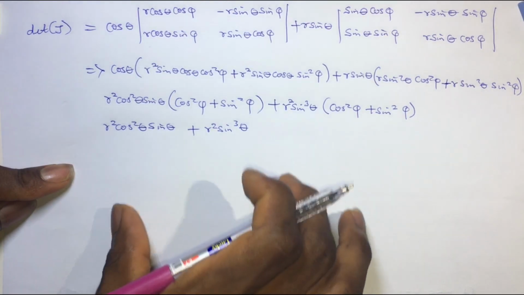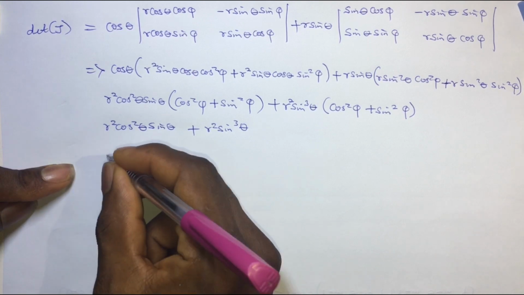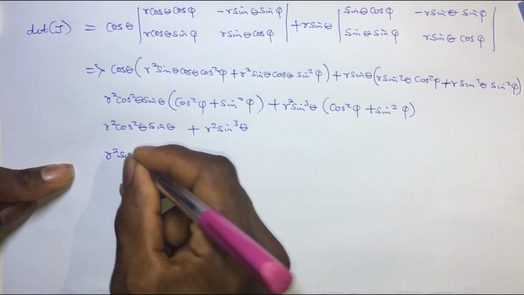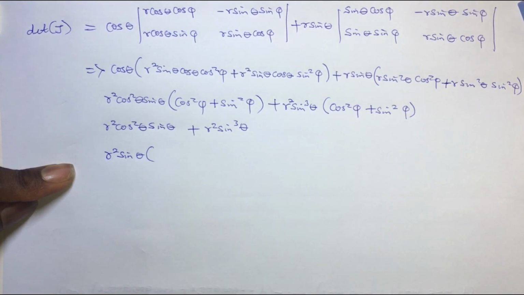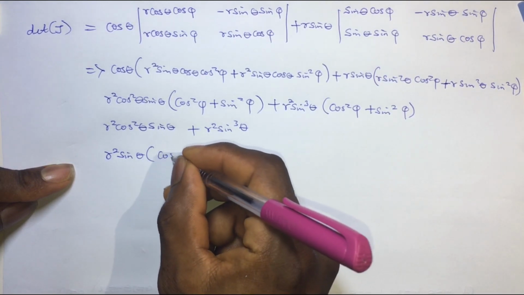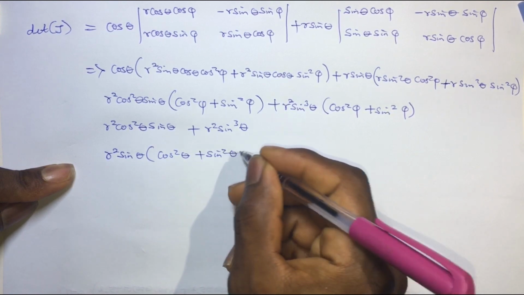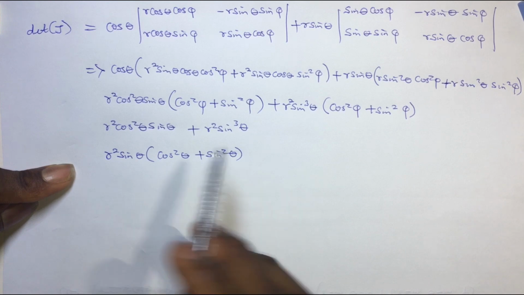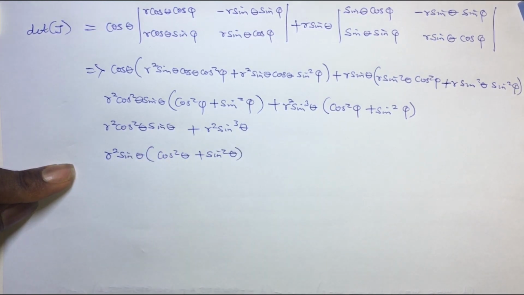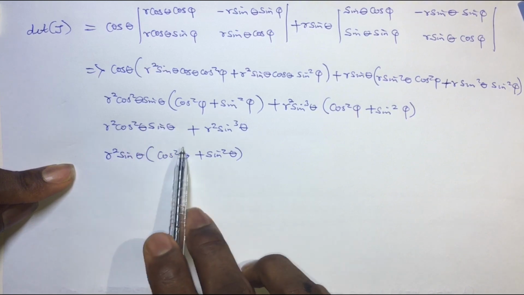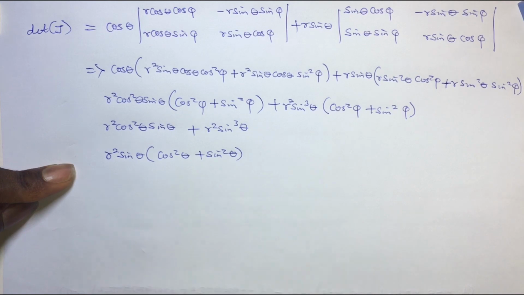Here we can also factorize r squared sin theta. So we have r squared sin theta, then in the bracket of cos squared theta plus sin squared theta. Remember, when you factorize r squared sin theta here, which is common in both terms, what is left here is cos squared theta. And when you factorize this from this, what is left is sin squared theta.